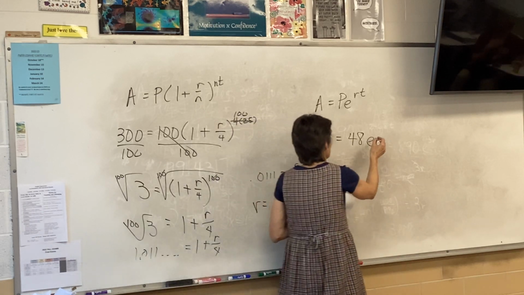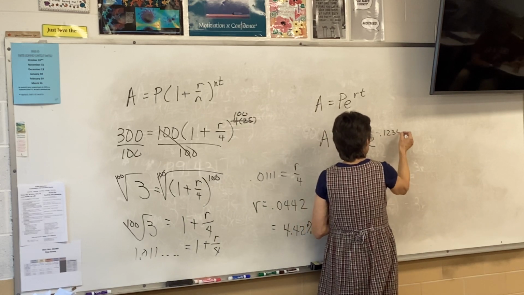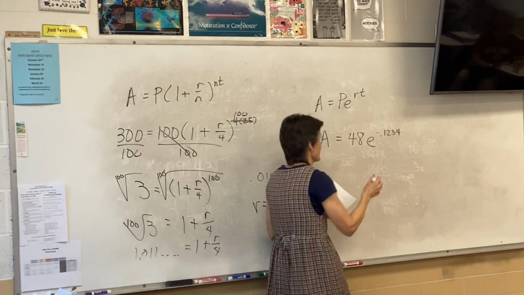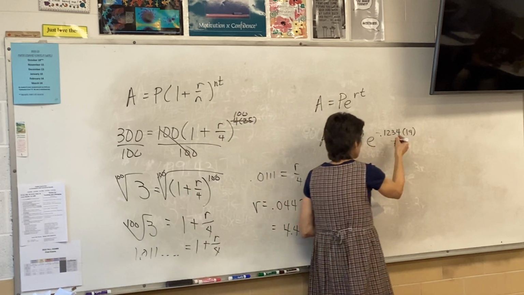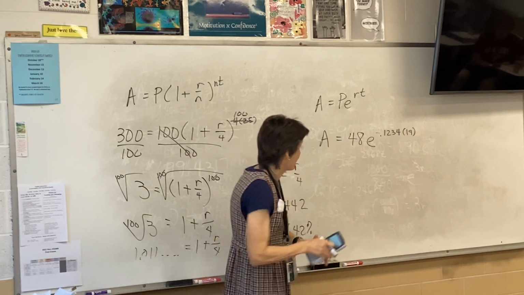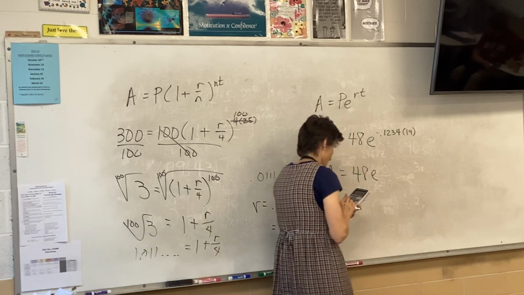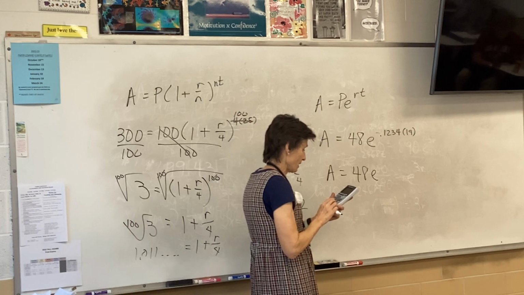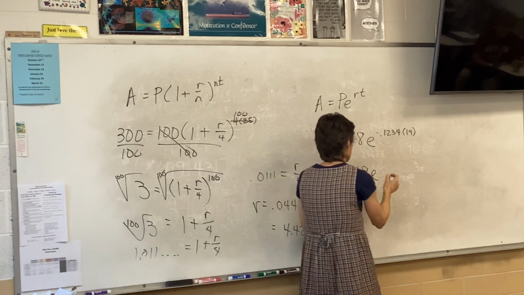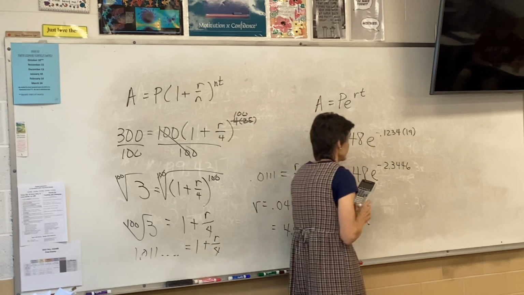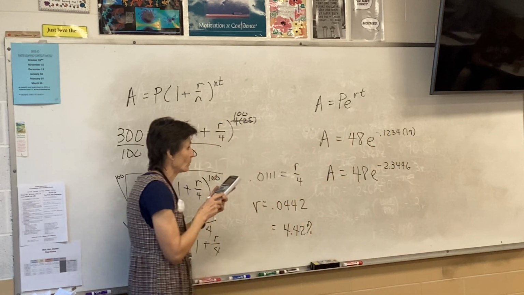Negative 0.1234. And do I have a T? 19. So I'm going to go ahead and multiply those together. 0.1234 times 19, negative 2.3446. That's what I got for my exponent.